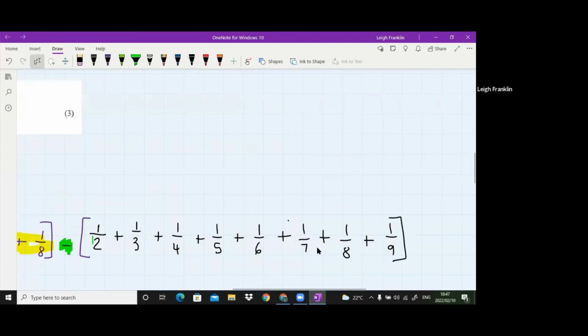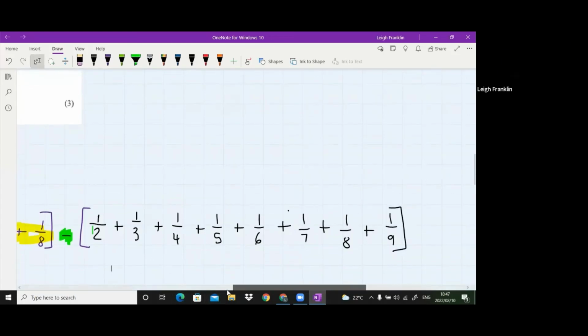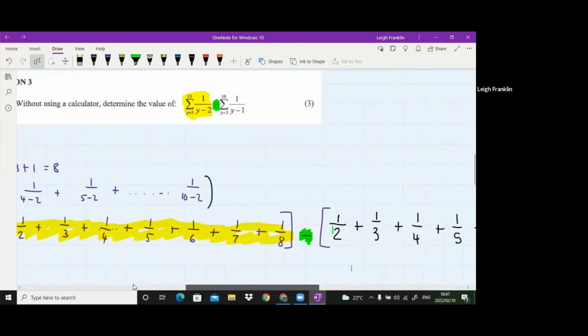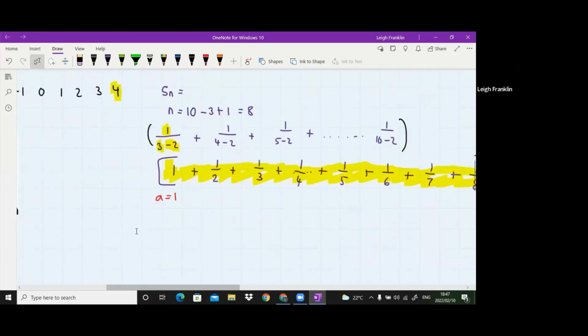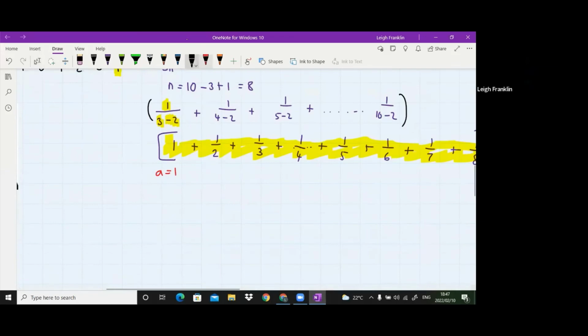Now this is extremely long, like we had said in the beginning. But have a look at this, simplified for ourselves. We've got 1 plus a half plus a third plus a quarter plus a fifth plus a sixth plus a seventh plus an eighth.